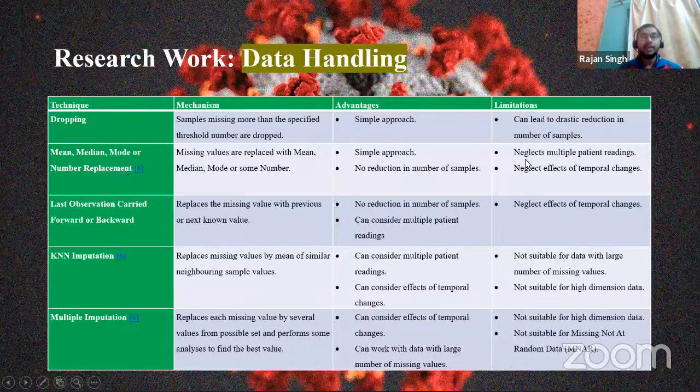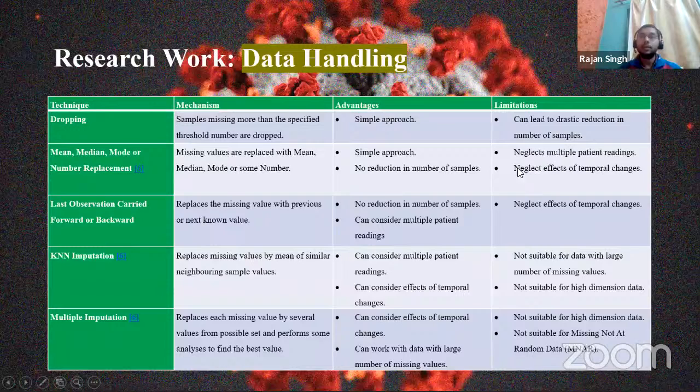Mean and median were not considered because, since it is medical data, taking the average from 2 different patients would not be a good choice. It differs from person to person. So that's why mean and median were also causing a problem.